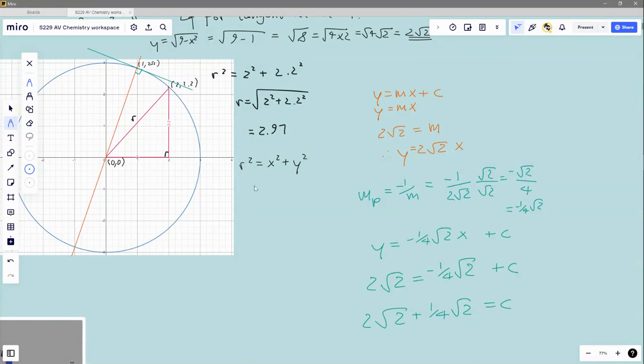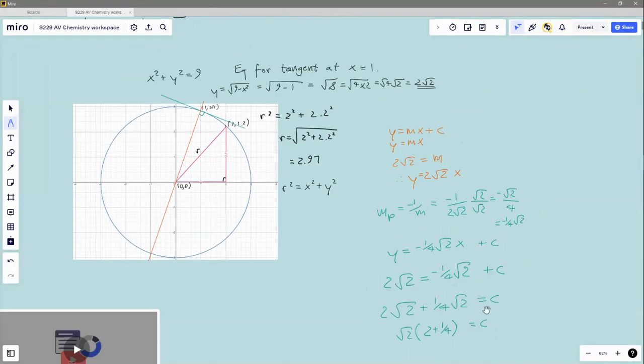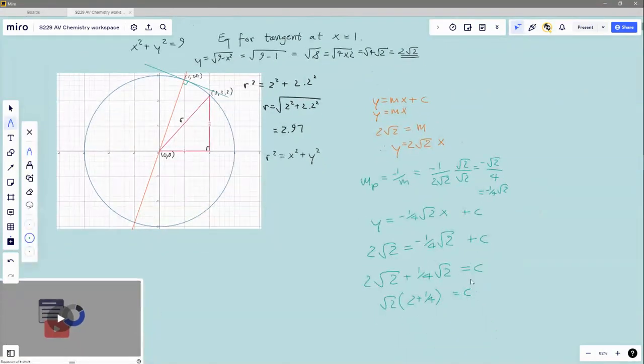We're going to take out a factor of root 2. That seems to make sense, doesn't it? So root 2 multiplied by 2 plus 1/4 is equal to c. 2 plus a quarter is, let's do it in decimals, 2.25. So therefore, the c value is going to be equal to 2.25 root 2.